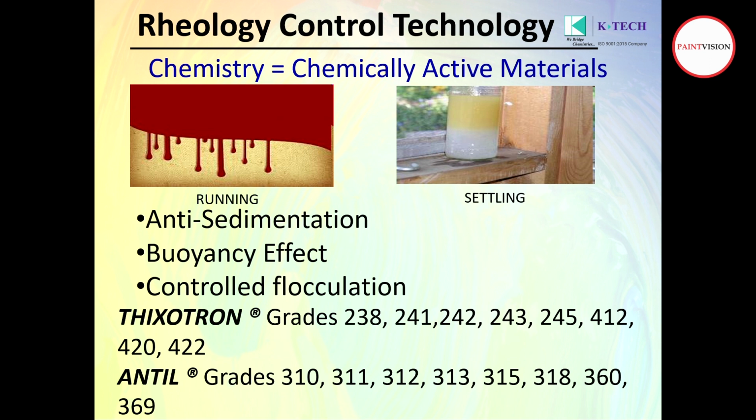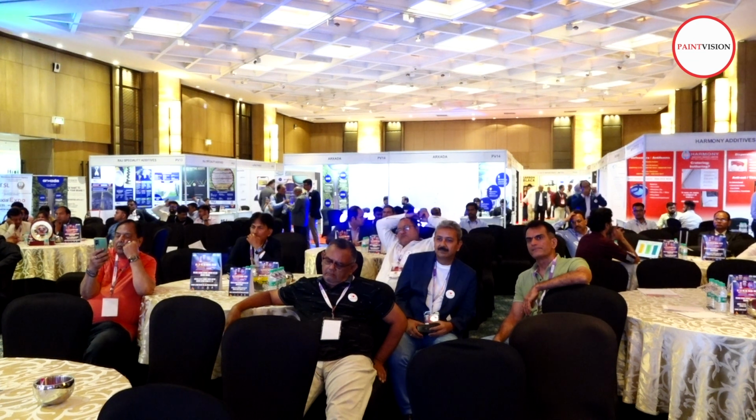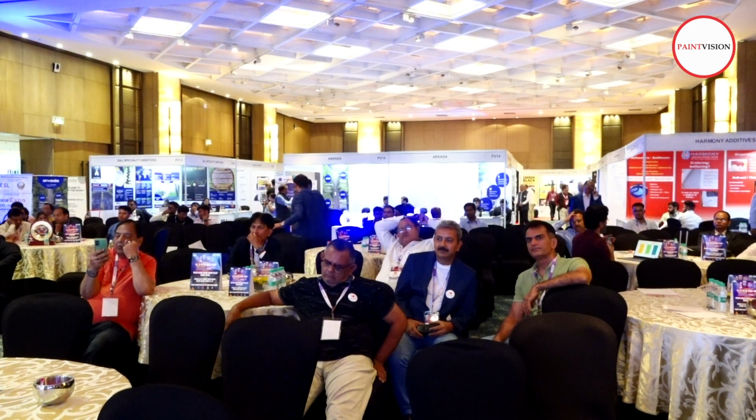Then we also promote rheology control additives, where you improve the viscosity of the paint system. We have different grades based on different chemistries, from PU to HASE to HEUR. Then we have anti-settling additives, which improve the settling properties.